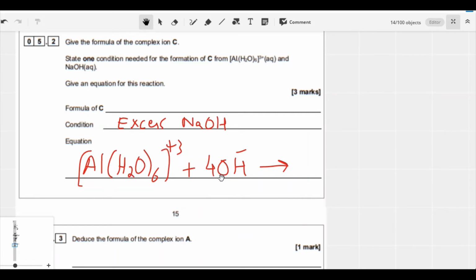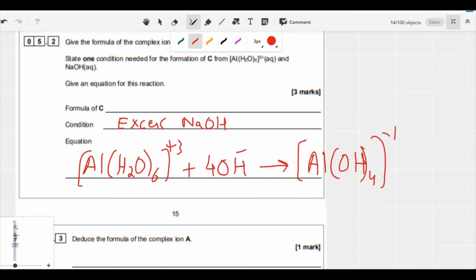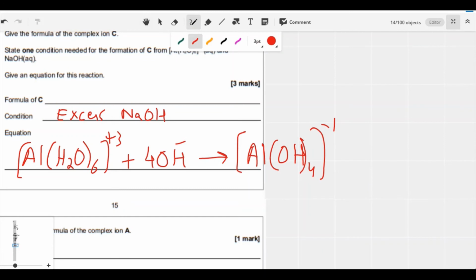So that will combine to form Al OH4. And now here is +3 charge, so there will be -1 charge. Let me write in this way. And now here are the 6 water molecules lost.